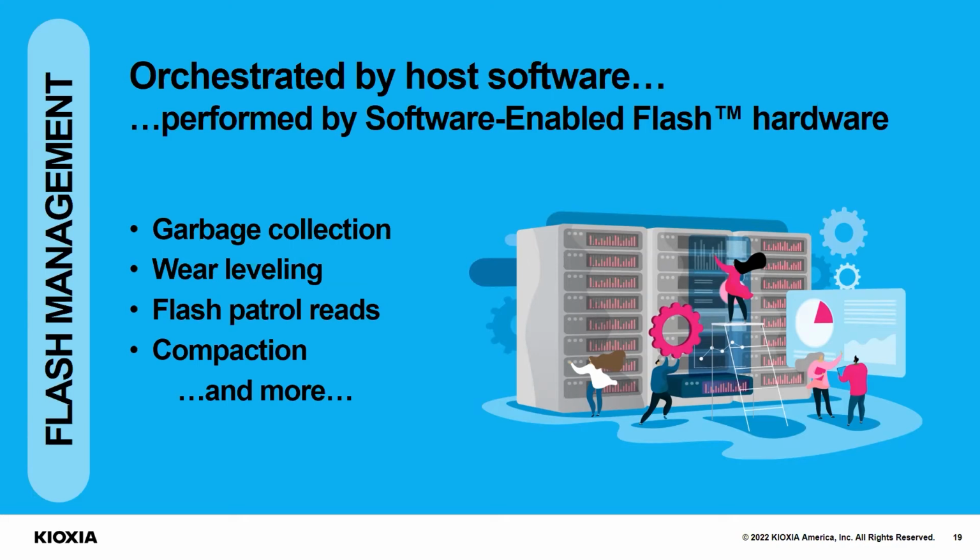It's computationally simple, but it's a lot of I/O. Well, if you can do that in the drive, which you can with software-enabled flash in a single command, you don't need to use host memory or host CPU resources to make that happen. And that's very unique here. This is really focused on optimizing at all levels. And that's what software-enabled flash is.